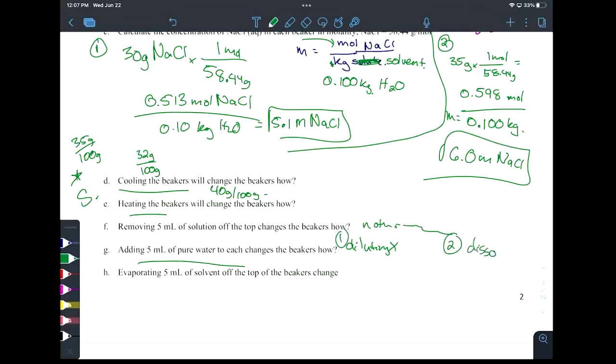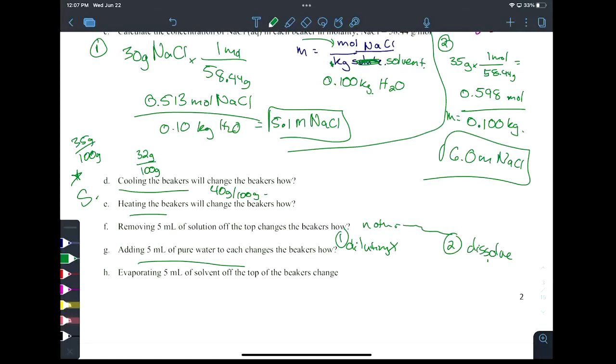Okay, what if we evaporate 5 milliliters of solvent off the beakers? So just a little bit, we just evaporate a little bit. Beaker 1, it's the same idea as the previous question. Beaker 1 will just become more concentrated. I'm assuming we're not evaporating it so much that we change the concentration drastically, so we're above the solubility point.